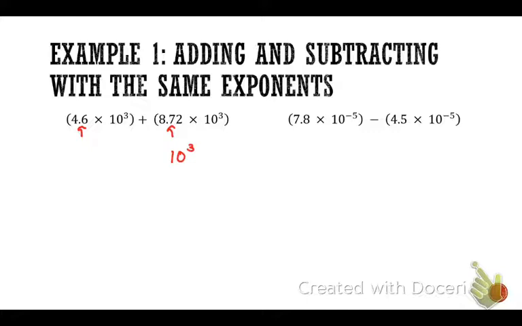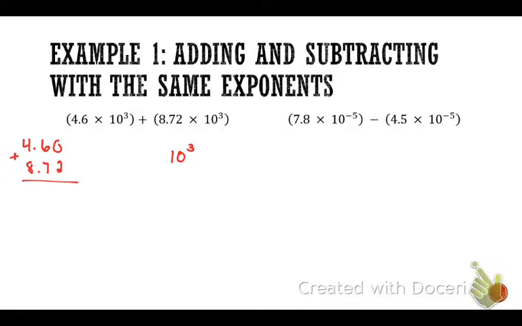How did you know to add? Because there's addition in between the expressions. So you have 4.6 plus 8.72. You are going to have to do this by hand. Remember, on this test, we have no calculator. Now, just for safety, we want to have a 0 placeholder above the 2.